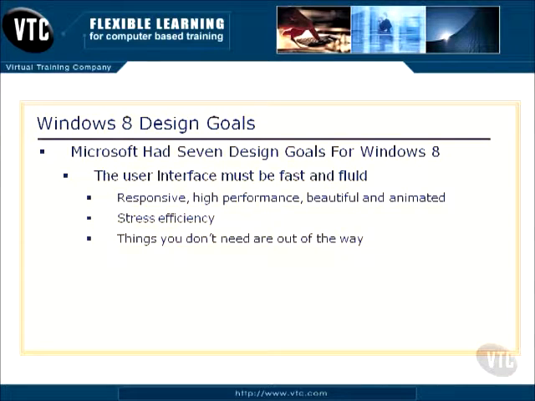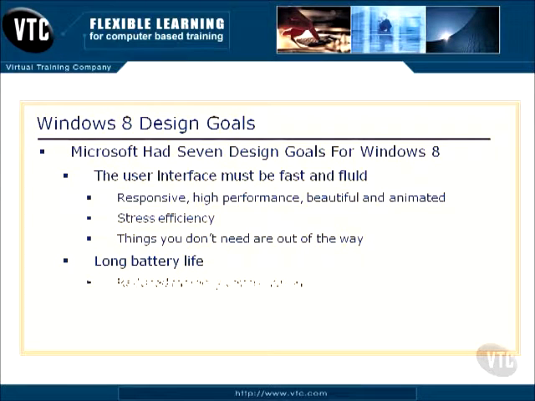So that's what Microsoft is chasing, and the things that you don't need are out of the way. Now, you can get to settings and you can get to things to make adjustments, but if you don't need certain settings to send an email, then those need to be out of the way. What we need to do to send an email needs to be very apparent on the screen, very clean, very minimal, and you just need to get it done.